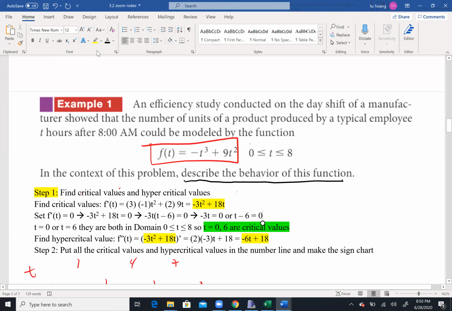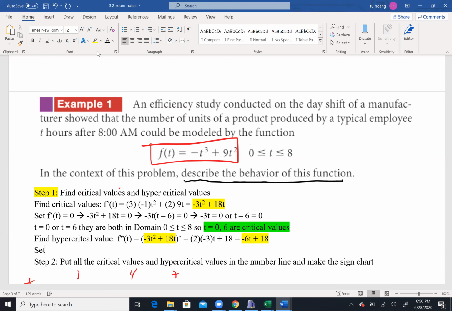Okay, so now I'm going to set f second derivative of t equal to 0. So that means what? That means negative 6t plus 18 equal to 0. Then I will have t equal to negative 18 divided by negative 6. Okay. So that equals what? 3.